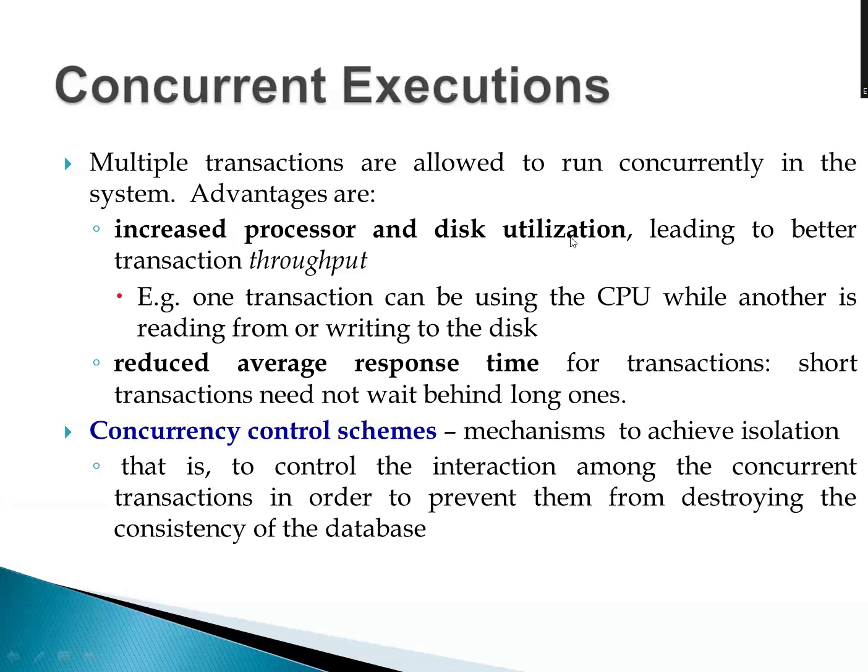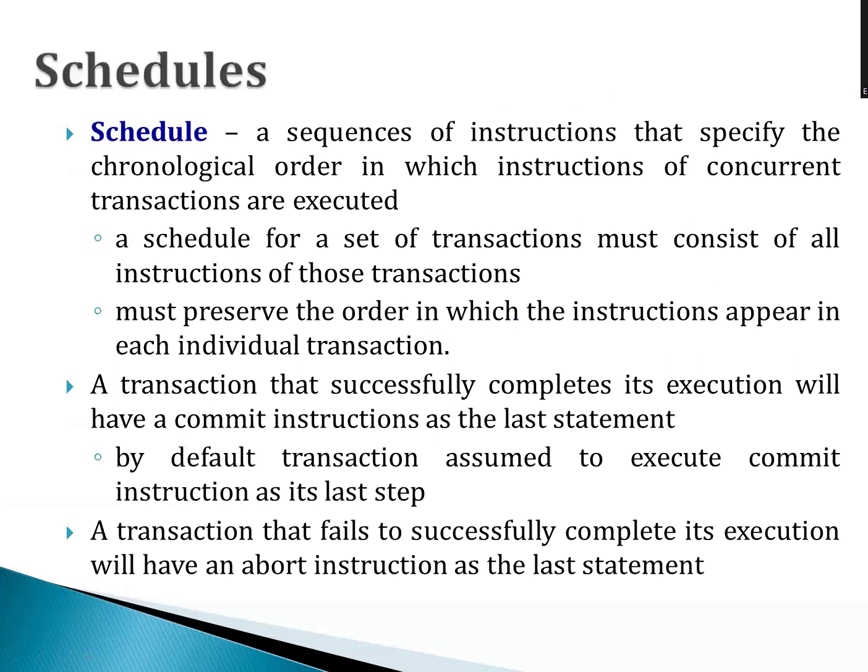To manage this concurrent execution, we use the concept of schedules. A schedule is a sequence of instructions that specifies the chronological order in which instructions of concurrent transactions are executed. A schedule must include all instructions of the participating transactions and must preserve the order of the instructions within each individual transaction.